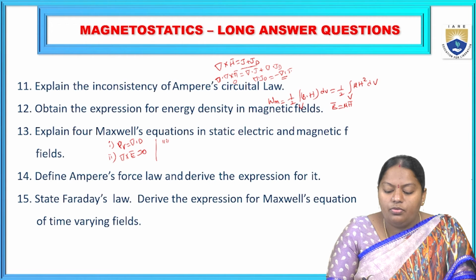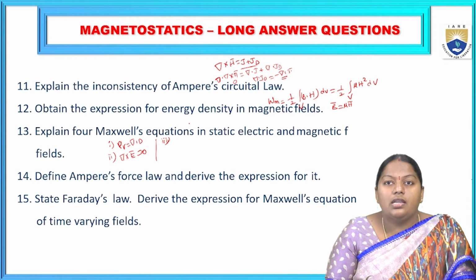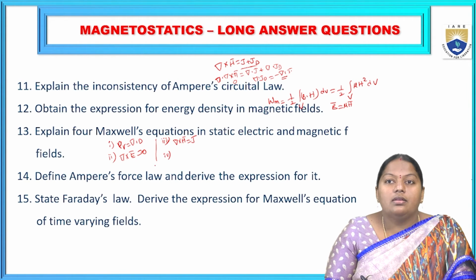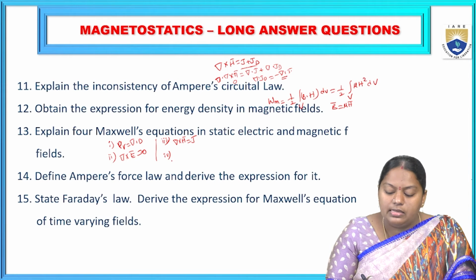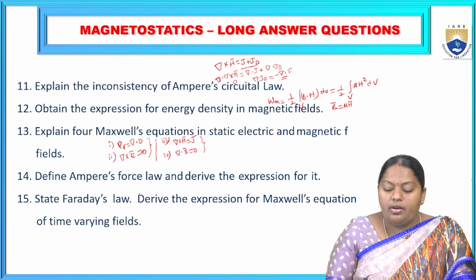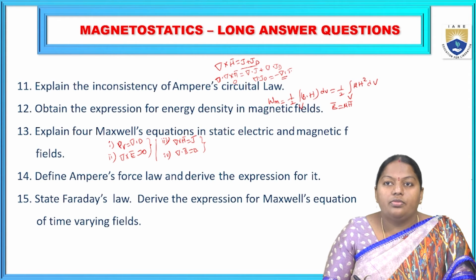And the third and fourth are to be derived in static magnetic fields: del cross H bar is equal to J, and the fourth Maxwell's equation for the static electric as well as magnetic fields is del dot B equal to 0. So the first two are derived from the electrostatic fields and the next two are derived from the magnetostatic fields.